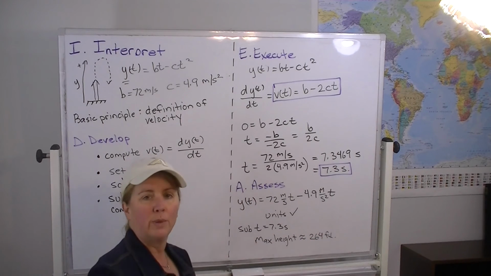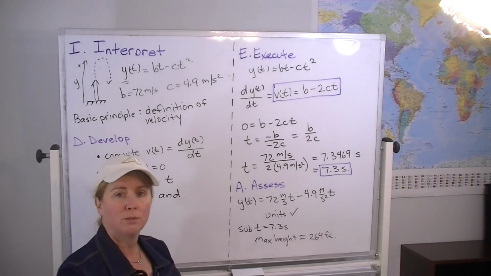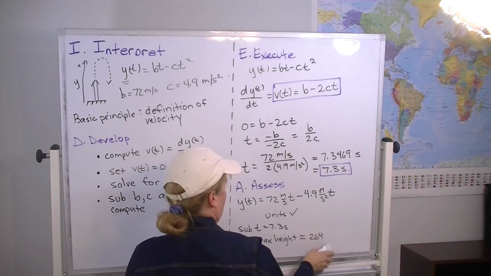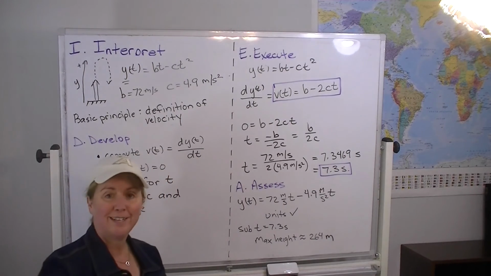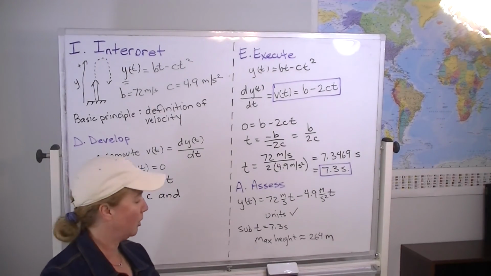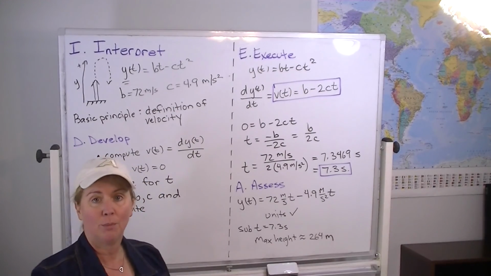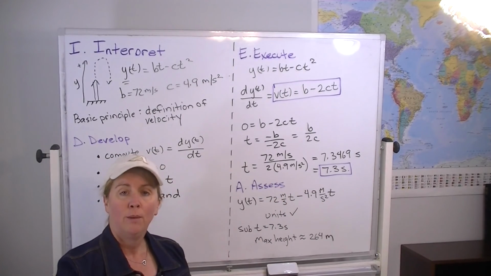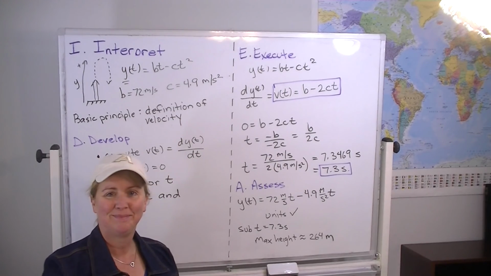And just as a reality check, does that make sense for something that was launched at 72 meters per second? Oh, I said feet, sorry. Should be 264 meters, launched at 72 meters per second. And you know, that makes sense. You don't want a number close to zero here. You don't want a negative number, because if you had a negative number, that means you've probably left out that factor of 2 right there, just saying. So we have completed this problem, and I hope to see you next time.